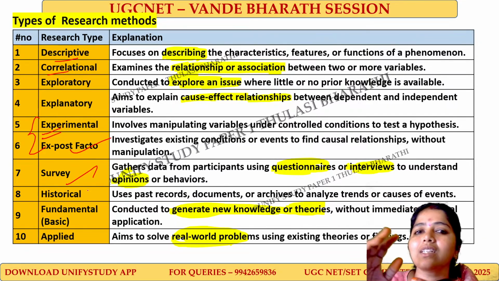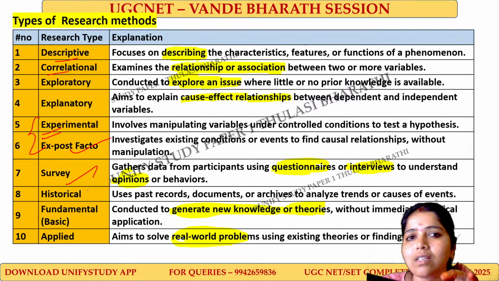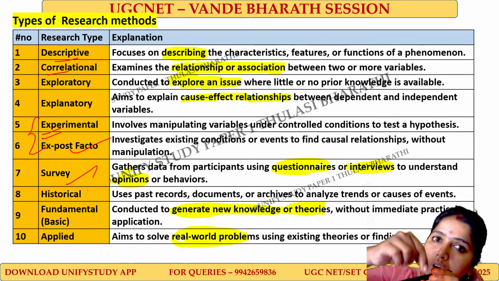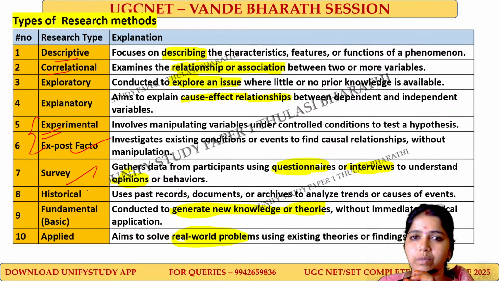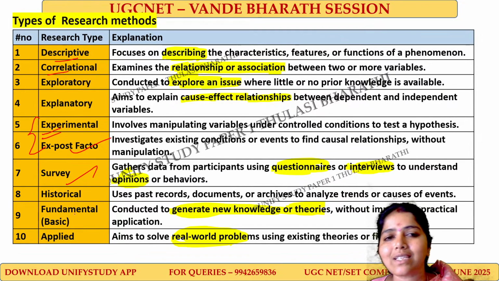It's called internal criticism. Whether this belongs to that century or not is external criticism, and talking about the content, we call it internal criticism. This is called historical research, which has its own significance, which happens in the past.